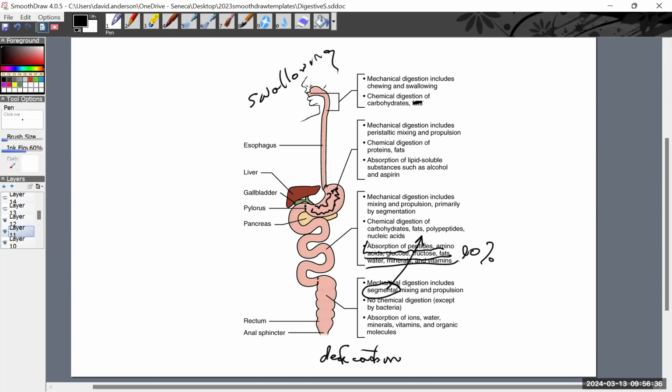Okay, so for what we've been talking about, I'm going to expect you to be able to relate to those 5 functions: ingestion, digestion, secretion, absorption, and excretion. And with respect to each of the individual segments, recognize that if the segment has a different responsibility, it's going to have a different set of anatomical or structural features associated with it. So way back at the beginning, we color-coded that.